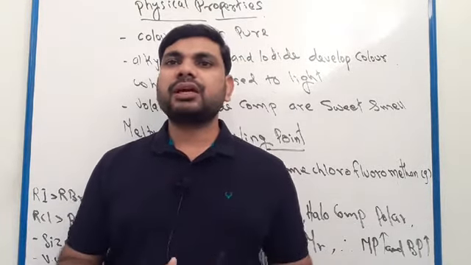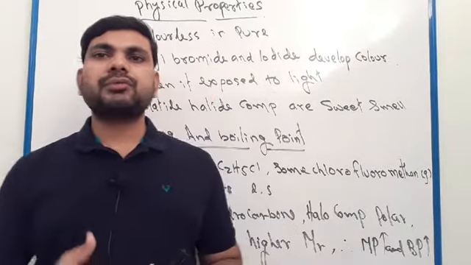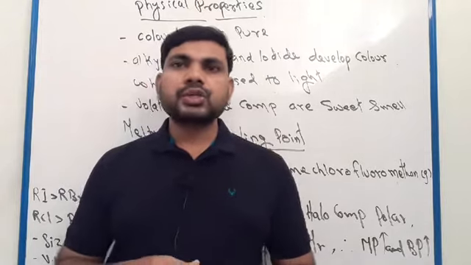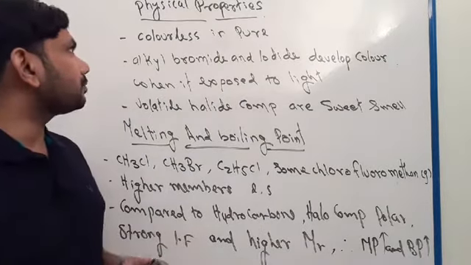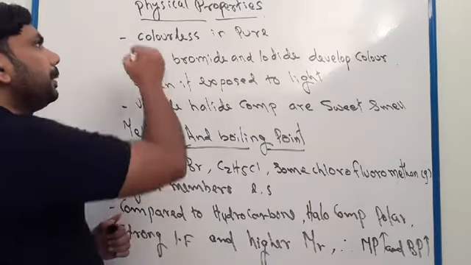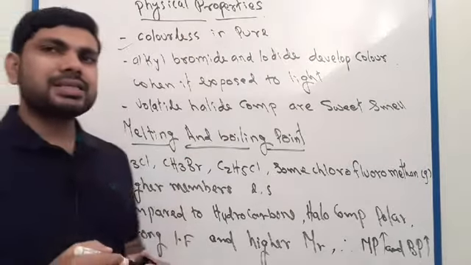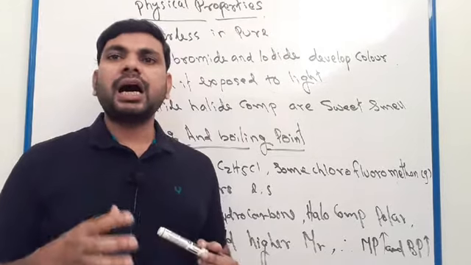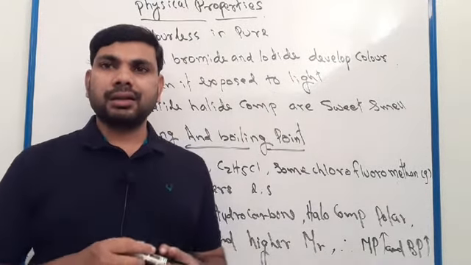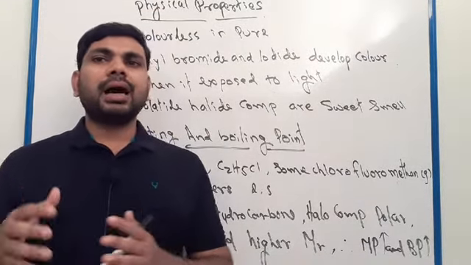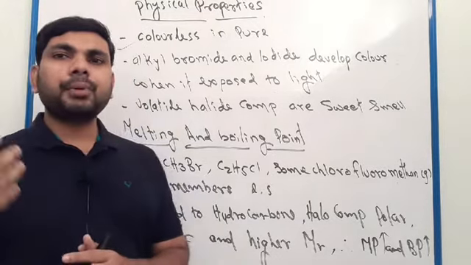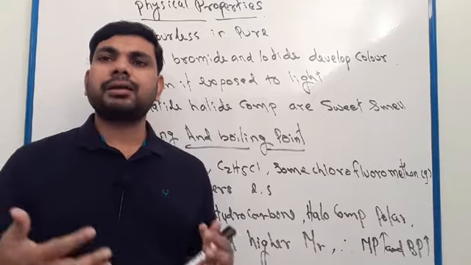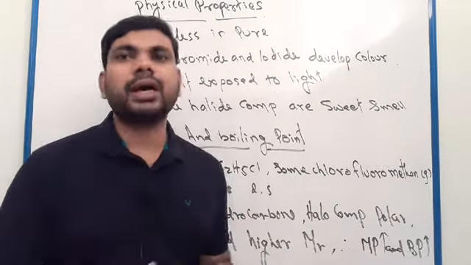First, we can check the different physical properties of haloalkanes and haloarenes. The first point is that haloalkanes are colorless in pure state. But alkyl bromide and alkyl iodide develop some color when exposed to light.